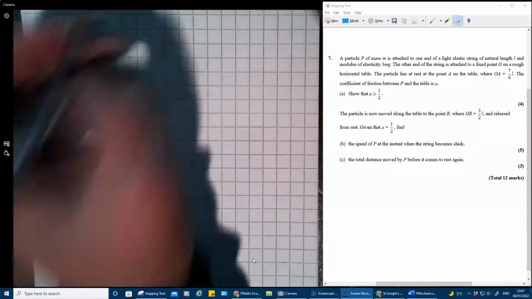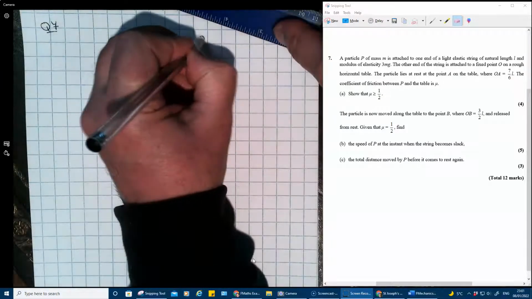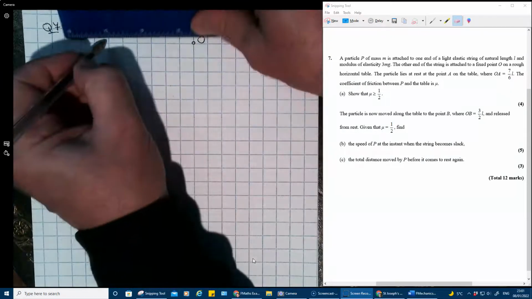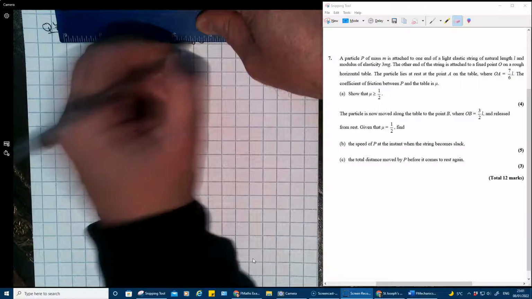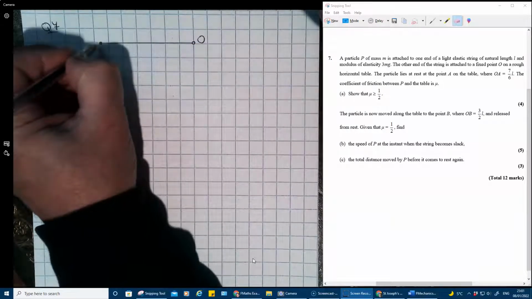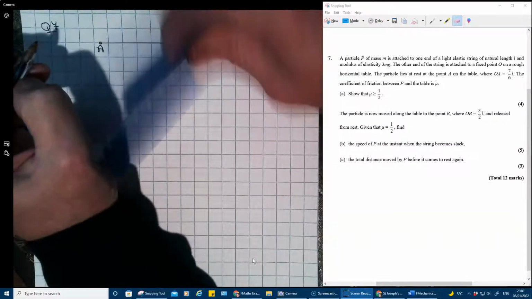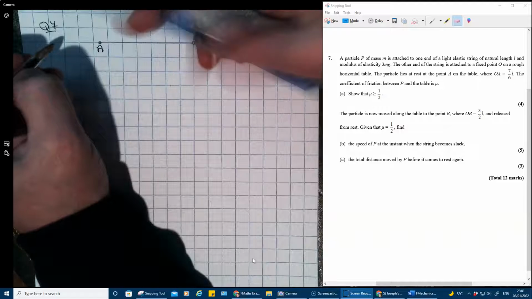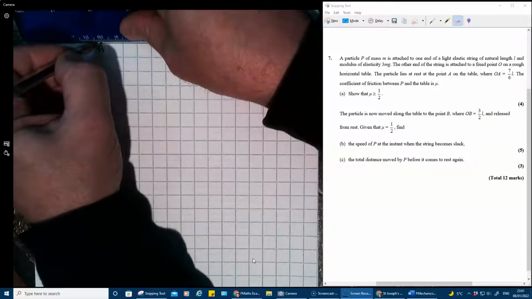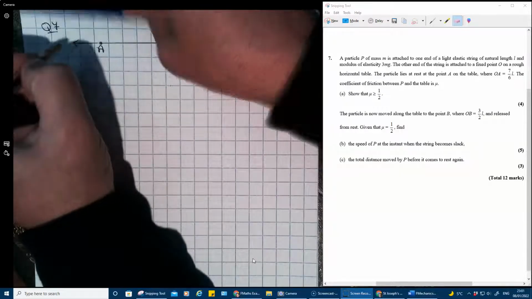Okay, here we have an elastic rope fixed at point O and pulled out to a position A, and it's on a rough table, so we have friction.